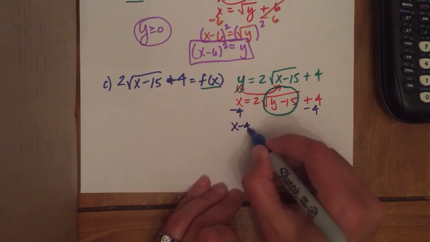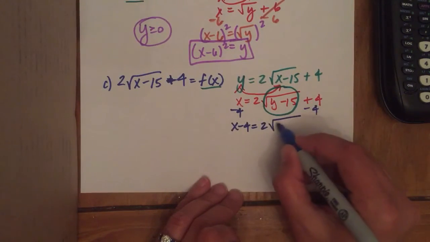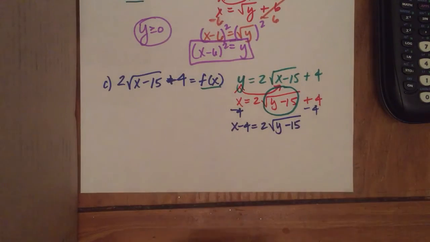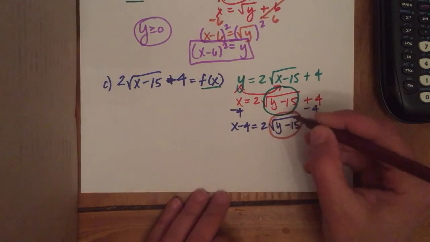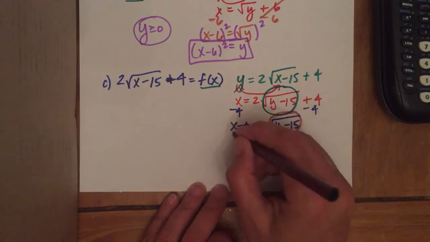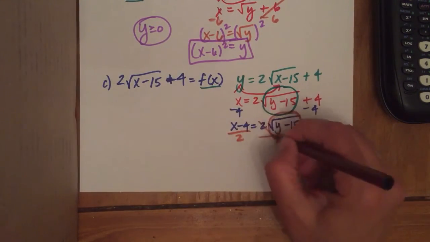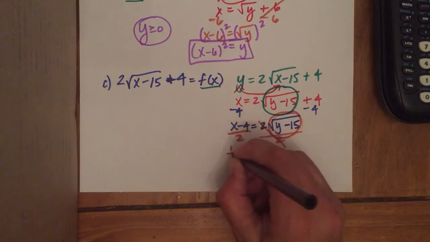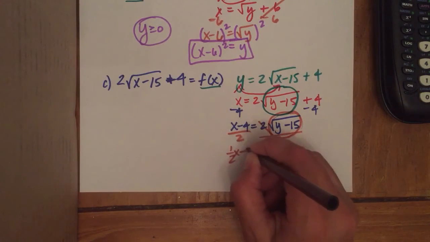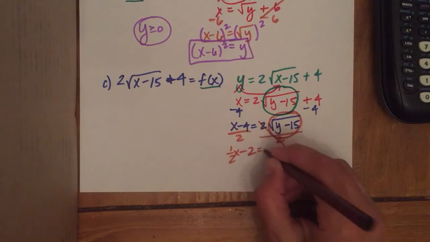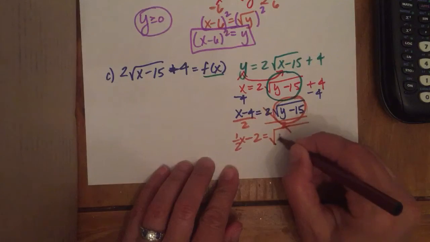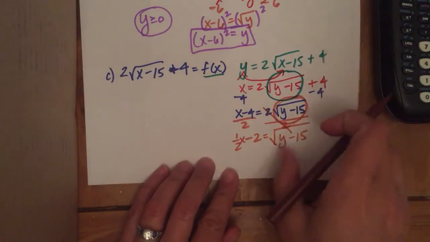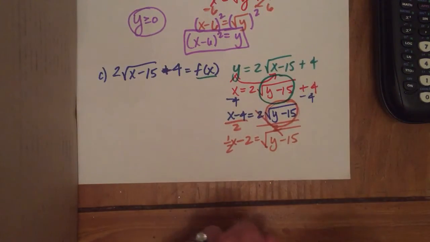So I've got x minus 4 equals 2 times the square root of y minus 15. And my next step, again, I want to get this one all by itself, so I'm going to divide both sides by 2. Those will go to 1. So 1/2 x minus 2, because it's 4 over 2, equals the square root of y minus 15. And again, that's just through algebraic manipulation.